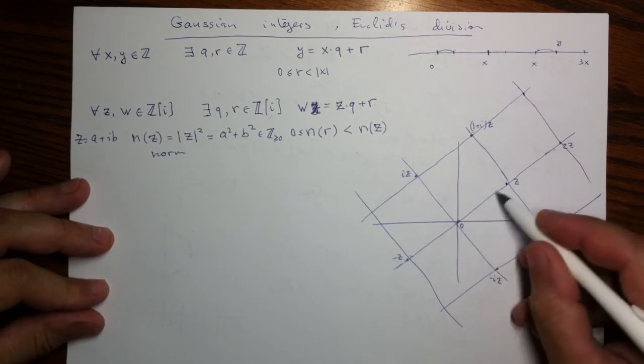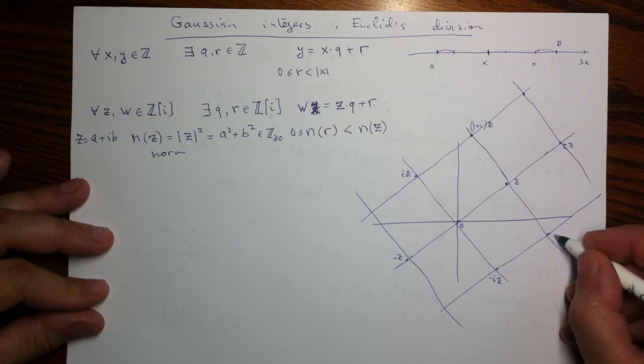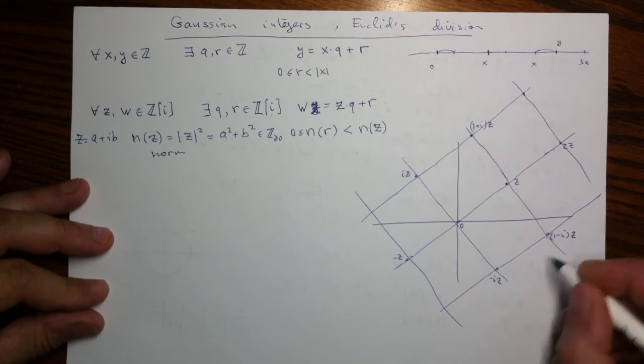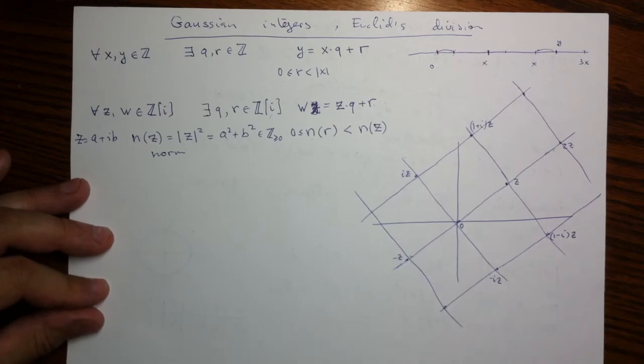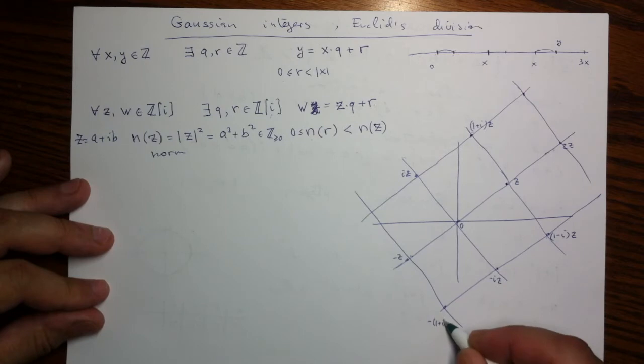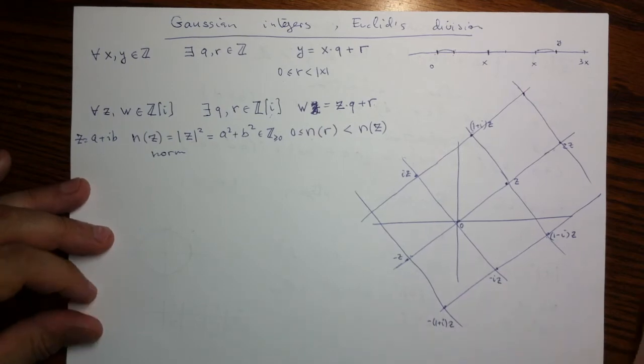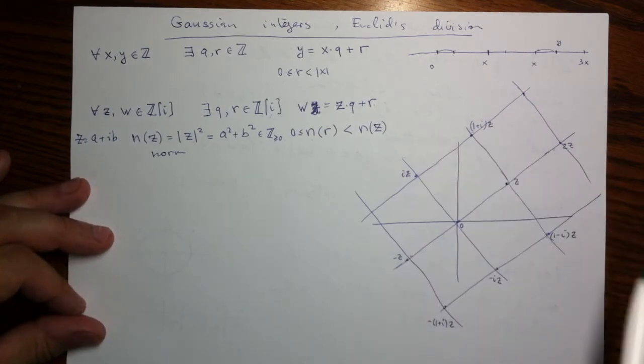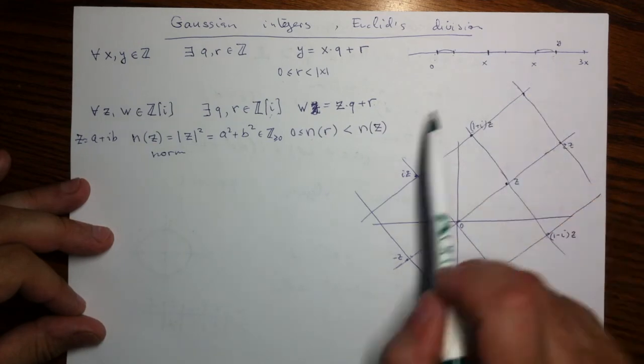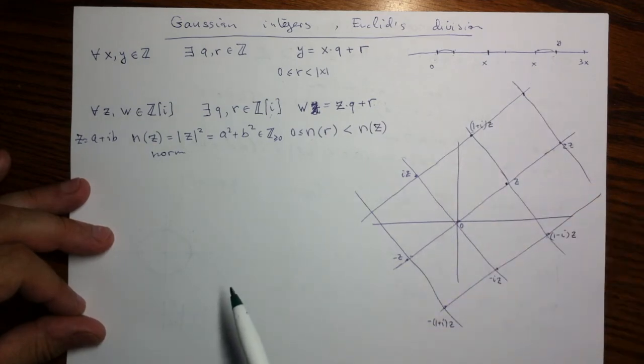So this point is the sum of the two, so that will be 1 minus i times z. And say here we have the negative of that, so that will be negative 1 plus i copies of z. And it continues forever, so that will be the analog of this grid of integer multiples of x.